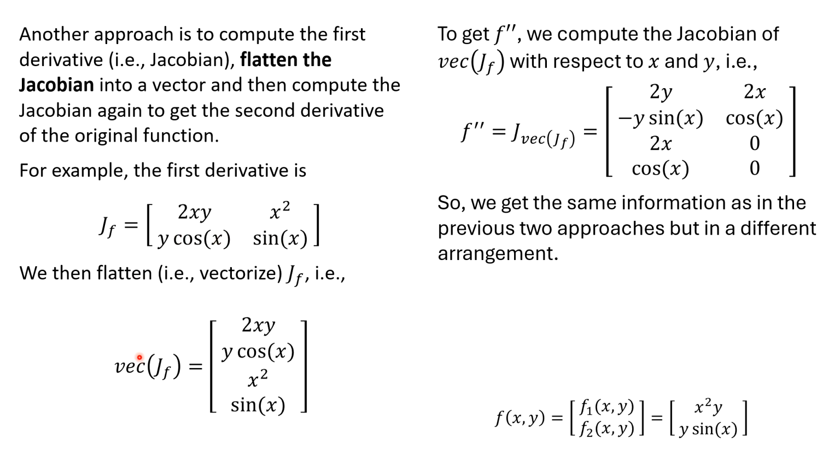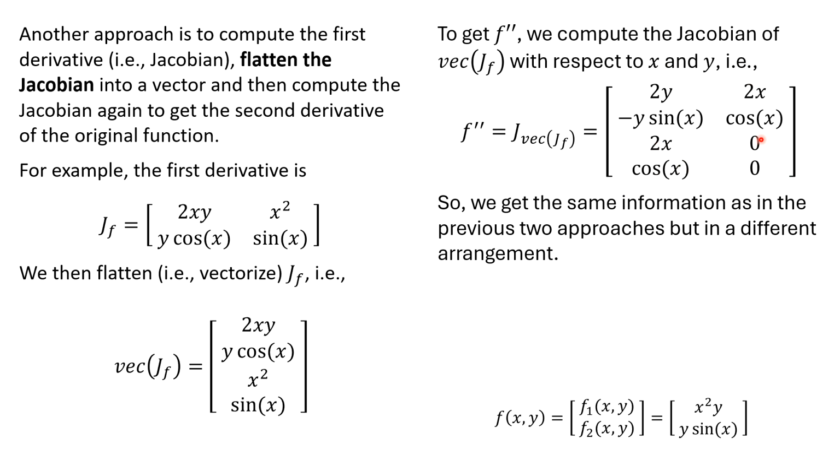Then we take the vec of this. We get this here. We take the first column and then the second column. And then this is effectively a mapping from R2, our x and y, to R4. So we can apply the Jacobian again. So we take the partials with respect to x and y for each row here, and that's what I'm showing.